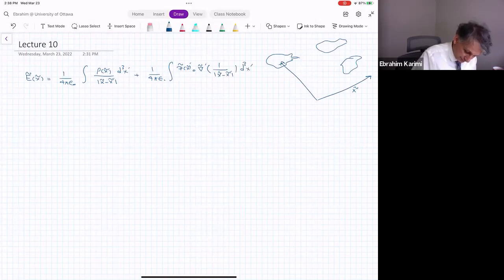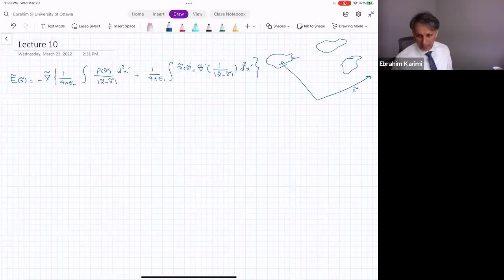Remember that was the potential, so indeed the electric field at the point x was given by minus the gradient of this quantity. So this is what we had from the previous calculation.